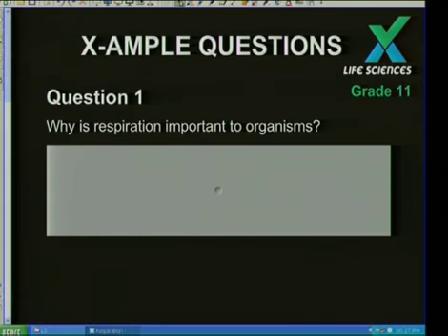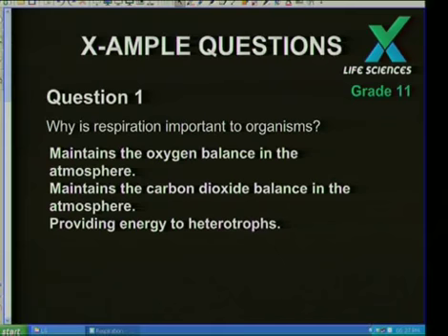So the first question says, why is respiration important to organisms? If you remember, that was our first question when we started the show. First of all, it maintains the oxygen balance in the atmosphere. Because if oxygen was just left in the atmosphere and organisms did not use the oxygen for respiration, there would be too much oxygen in the air.